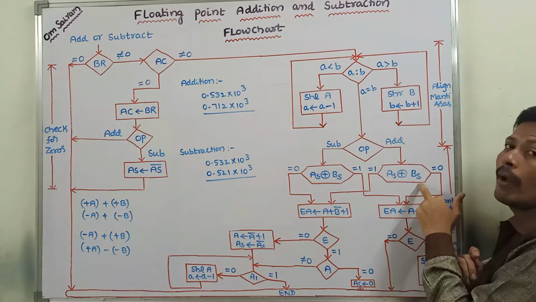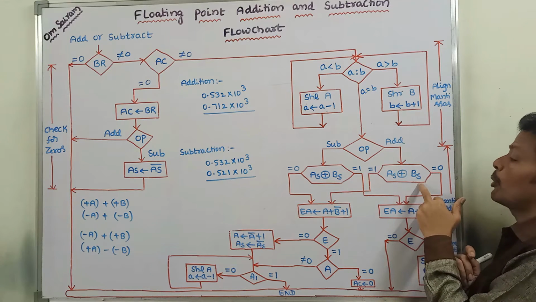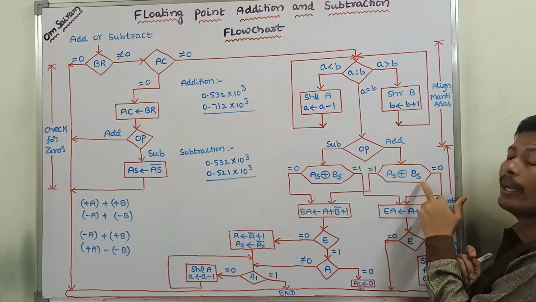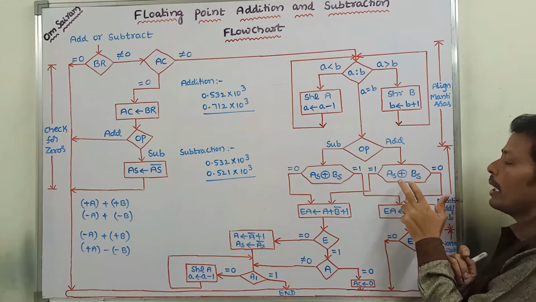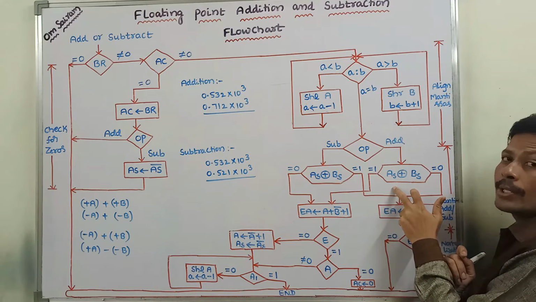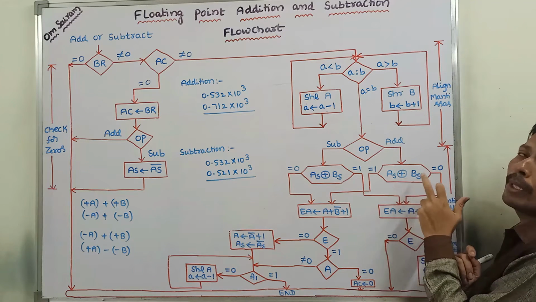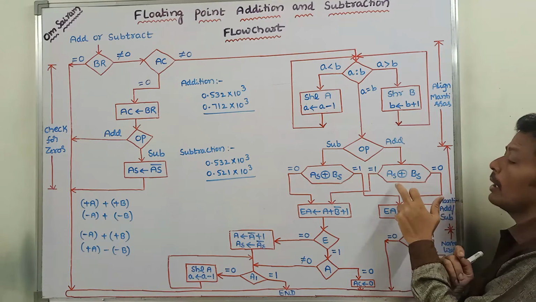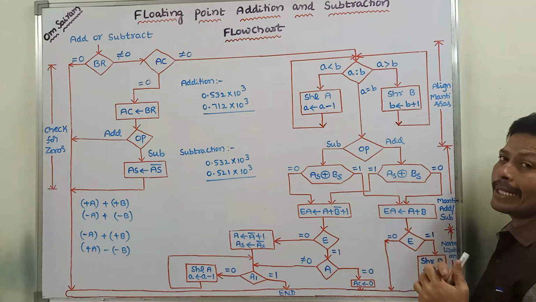The sign bit of the mantissa of the second floating point number is denoted by BS. Here, for comparing the sign bits of the mantissa of the first floating point number and the second floating point number, we have to use an XOR gate.